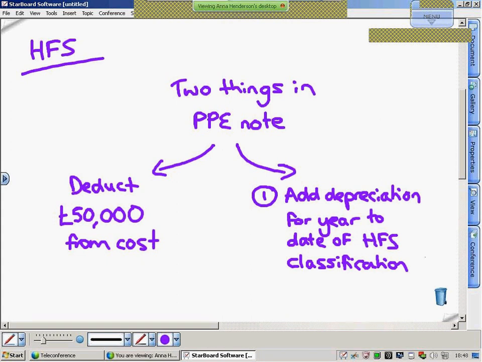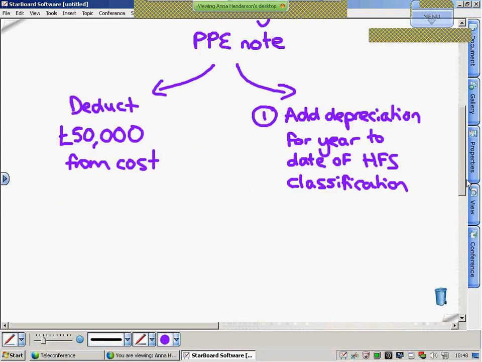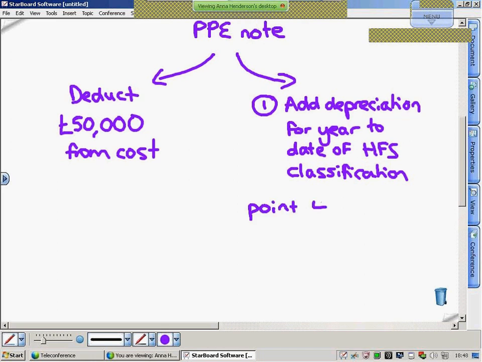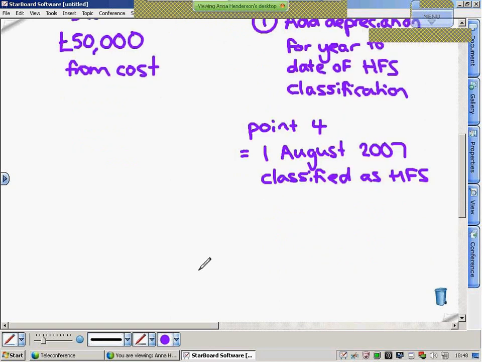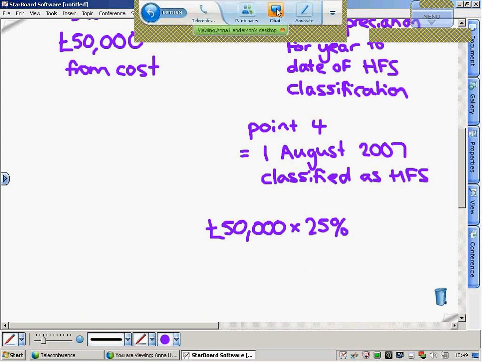In the question, in point 4, on the 1st of August, it was classified as held for sale. So let's work out how many months in the year that actually gives us a depreciation. We know it's going to be 50,000 at 5% straight line. But let's just test you guys out again.